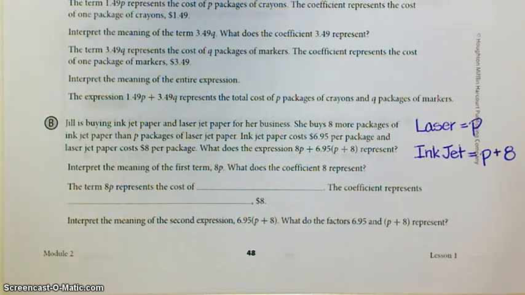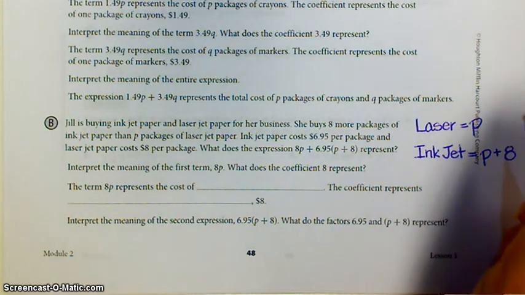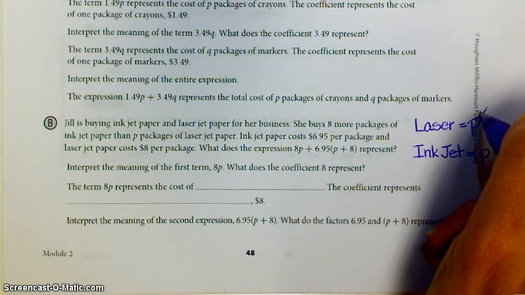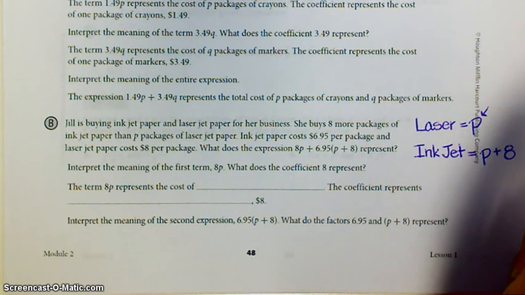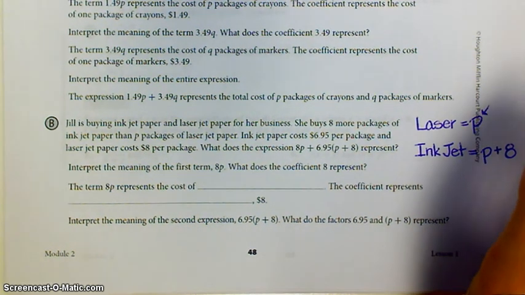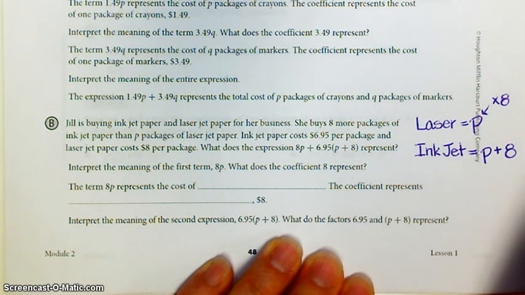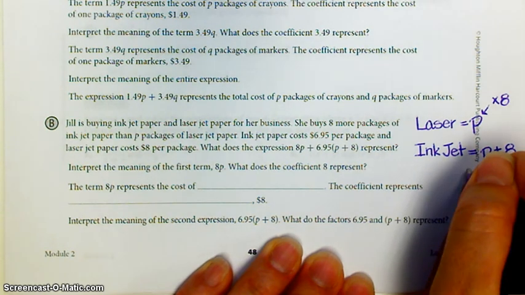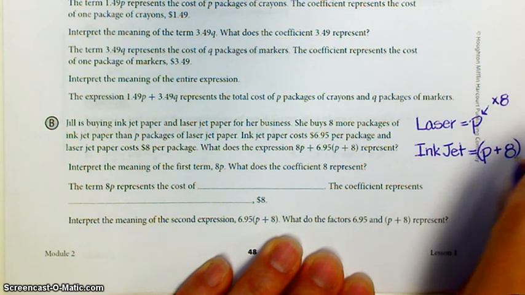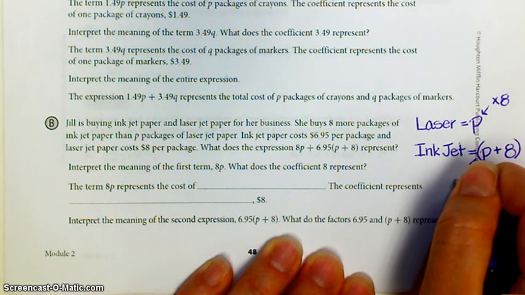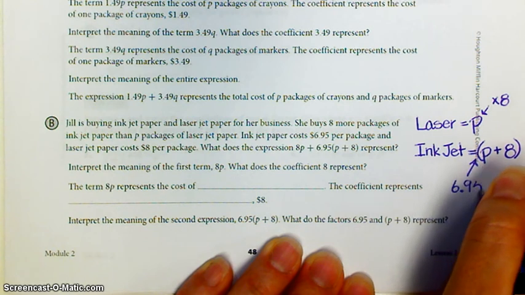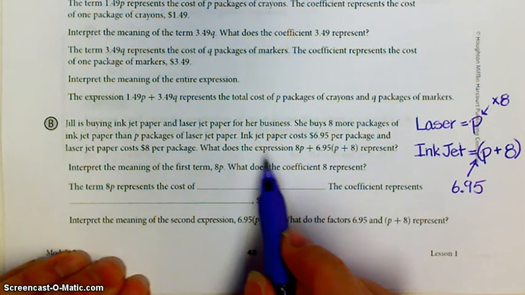And then if I was trying to find total cost, I would take, here's my number of laser packages, and I would multiply that by how much each package costs. That's $8. And then I look at the inkjet packages, and I notice that the inkjet packages cost $6.95 a piece, and so I would multiply that by $6.95. And that's actually where they get that expression down here.